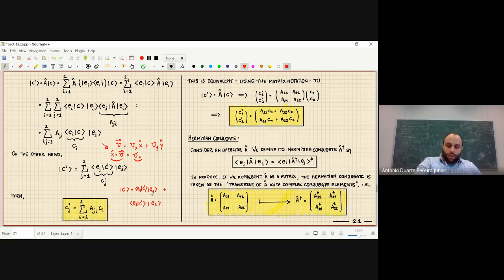So the coefficient that appears with E1 is the scalar product between E1 and C prime, as the coefficient in the direction x hat is the scalar product between x hat and the vector V. And this I am calling C1 prime, and this I'm calling C2 prime, as I call here V_x.